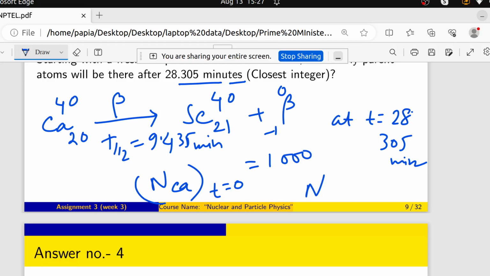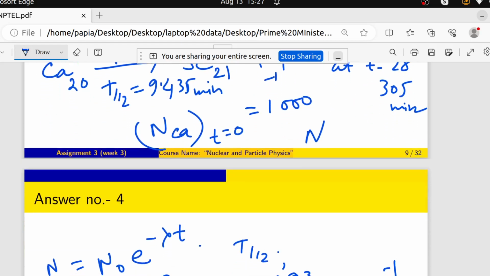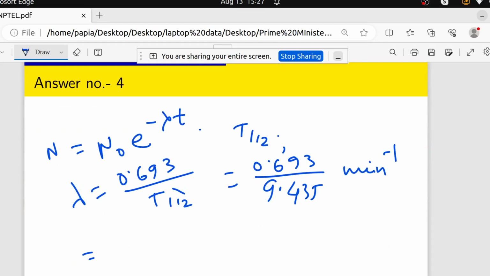T half is given as 9.435, and it will be in minute inverse because T half is in the denominator. If I calculate 0.693 divided by 9.435, that will be 0.0734 minute inverse. So this is the value of lambda.